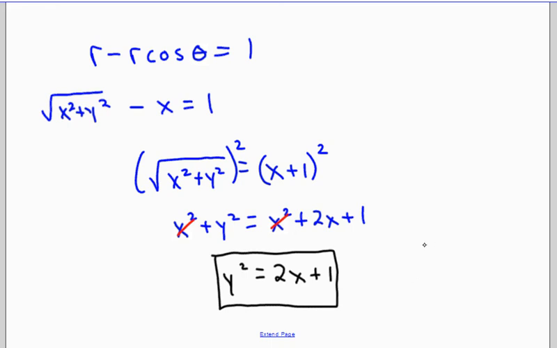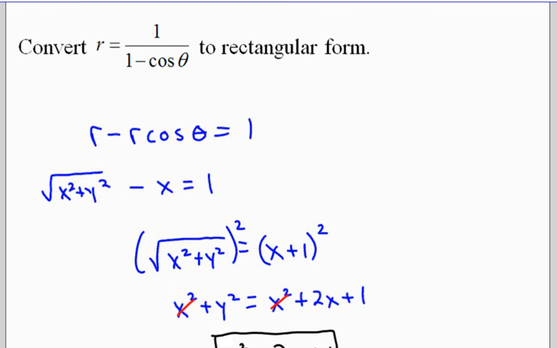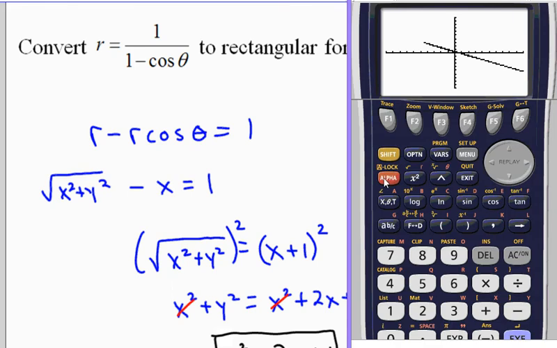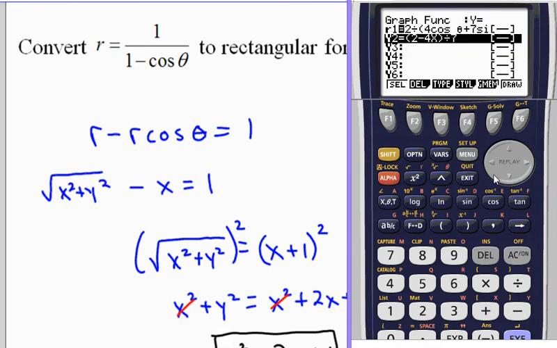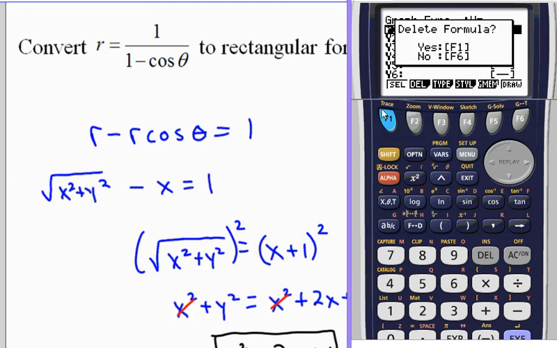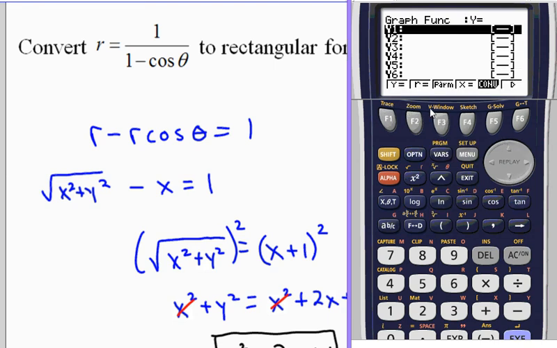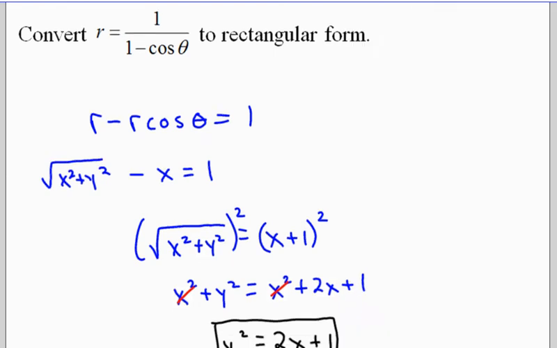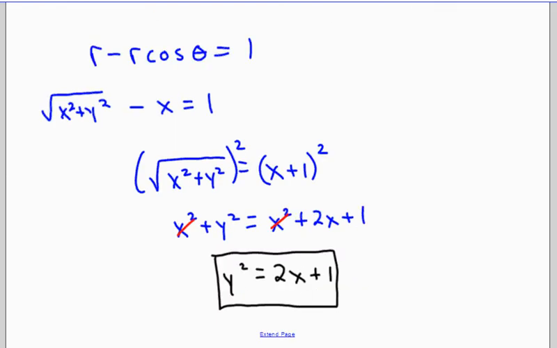So guys, this is just a sideways parabola. If we wanted to graph this, I'm going to clear these things out. Okay, I'm going to go back to type all y equals. If I wanted to graph this function, I'd have to have two graphs.